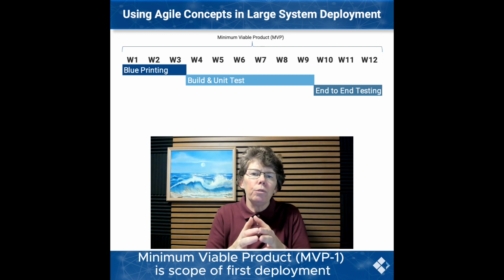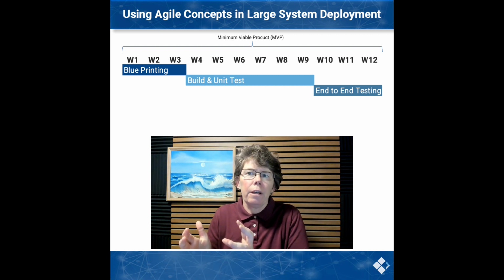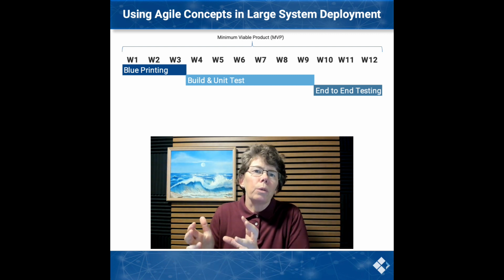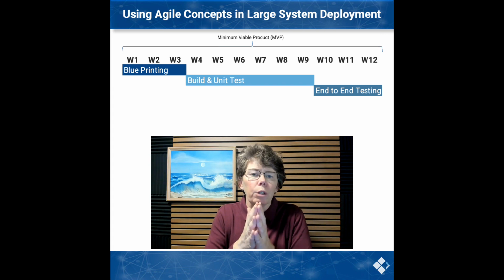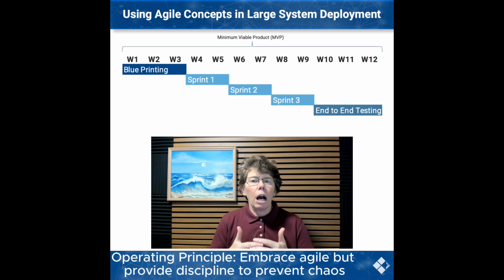And you then move to a business-led end-to-end testing phase or user acceptance testing, where the business is working through all of these items. There is a way to embrace the Agile concepts, but continue to provide the discipline that's needed within a minimum viable product, build, and unit test.